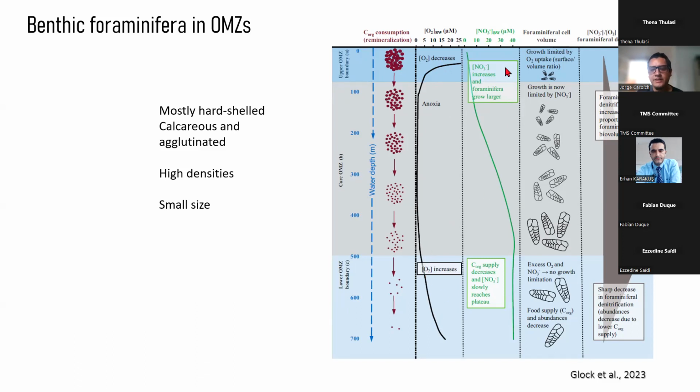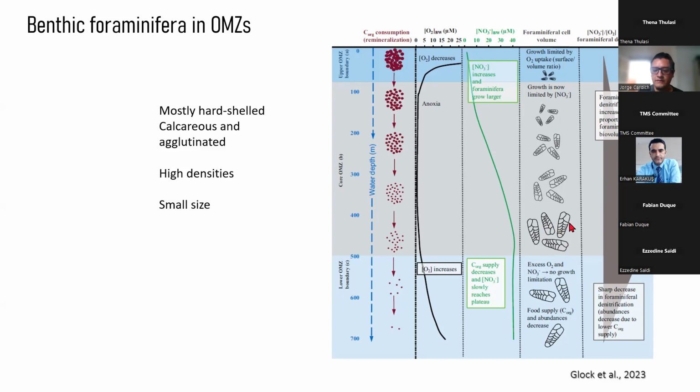The nitrate increases across the OMC, and that led the foraminifera to grow larger. So you can see that foraminifera are very, very small in the core, and in places that have very intense remineralization, like the upper limit of the OMC. But when you reach the lower part and below the OMC, you have larger foraminifera.